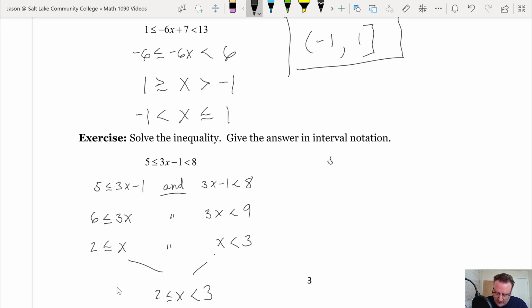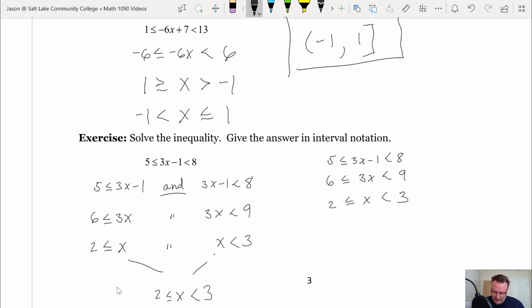Which is the same as I'd get if I do it like I did in the previous example. I'll do that over here. 5 is less than or equal to 3x minus 1 is less than or equal to 8. If I just add 1 to both sides, I get 6 is less than or equal to 3x is less than or equal to 9. Divide everything by 3, I get 2 is less than or equal to x is less than or equal to, oh, hold on, I screwed up. These should have been strict inequalities over here.